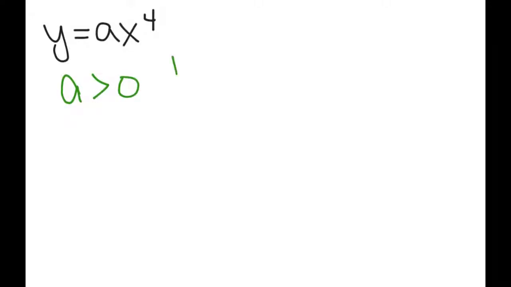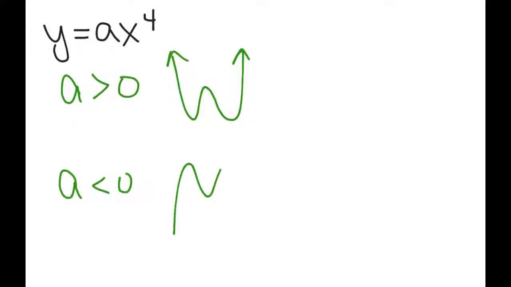For a quartic function, anything of degree 4, if A is positive, the graph will go up. However, if A is negative, the graph will go down.